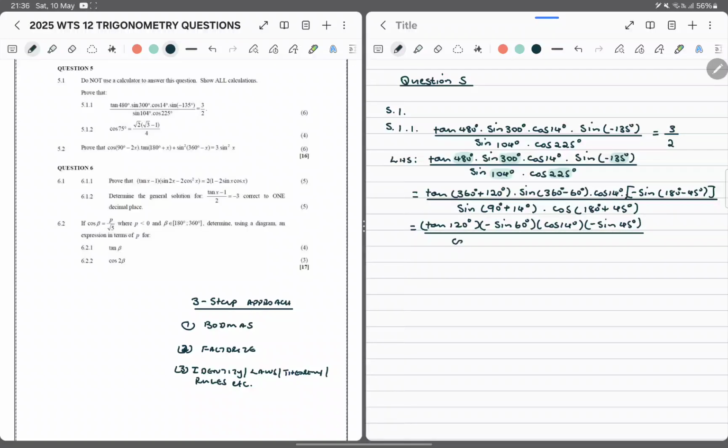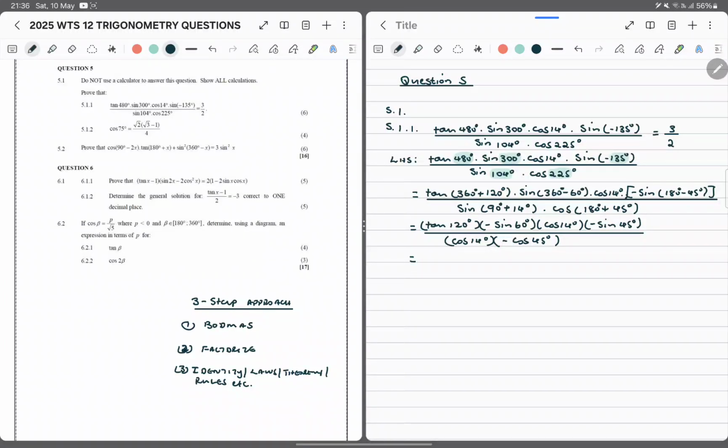Now sine changes to cos 14 degrees into minus cos 45 degrees. Cos is negative in the third quadrant.